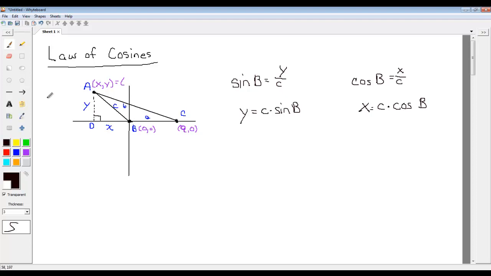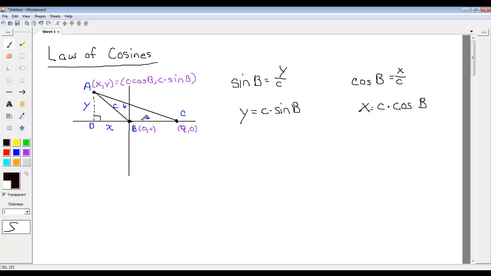Knowing that, we can rewrite the coordinates for point A. Instead of saying x comma y, we can say c times cosine B, comma, c times sine B. This is going to be very helpful when developing our Law of Cosines.